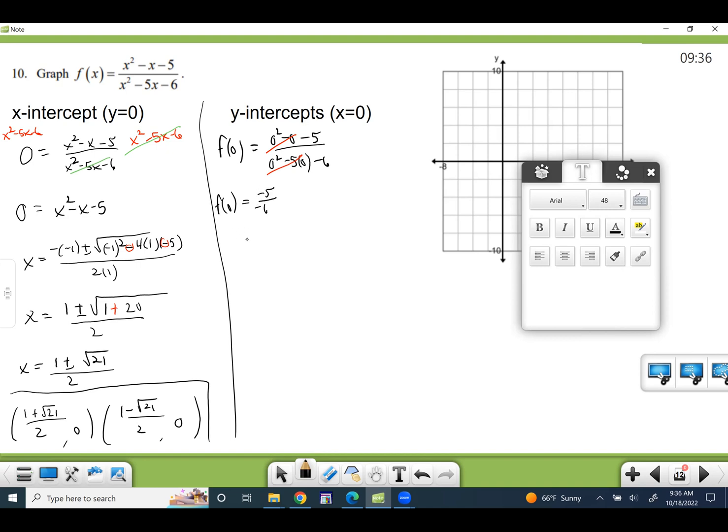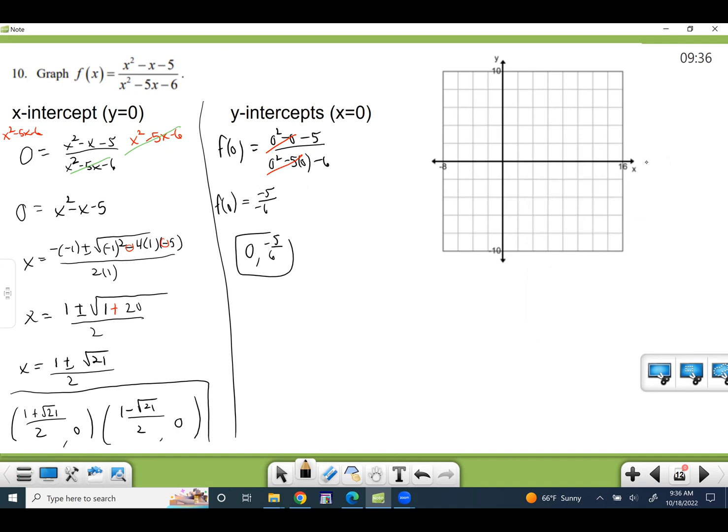So it looks like it's going to be 0, comma, negative 5/6. So we can at least graph those points, right? Okay, so 0, comma, negative 5/6. Let's see, we're counting by 2's, you guys. So this would be what? Negative 1 right here. So negative 5/6 might be like right here.